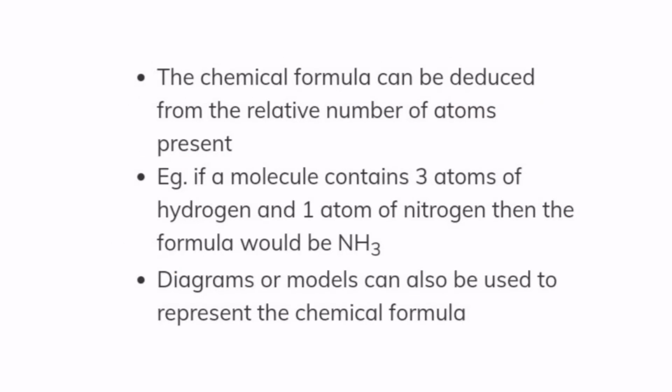All right, so the chemical formula can be deduced from the relative number of atoms present. If a molecule contains three atoms of hydrogen and one atom of nitrogen, then the formula is going to be NH3.